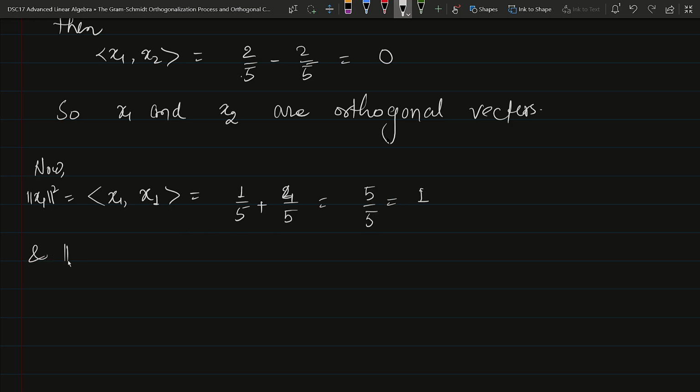And what about norm of x2 square? That is the inner product of x2 with x2, and it is equal to again 4 over 5 plus 1 over 5. So this is equal to 5 over 5, which is equal to 1.